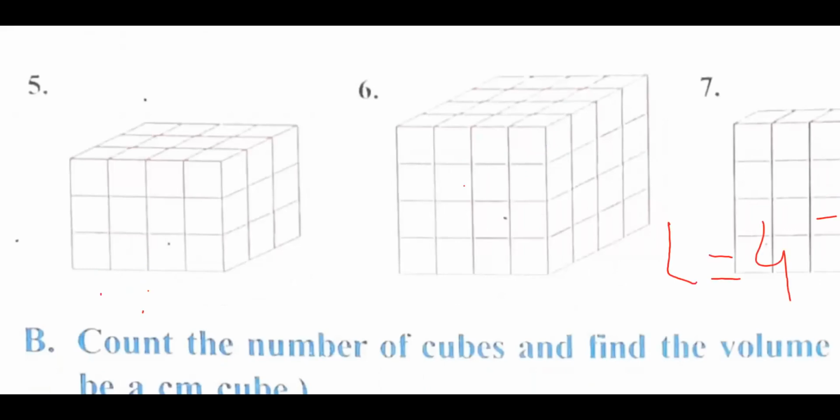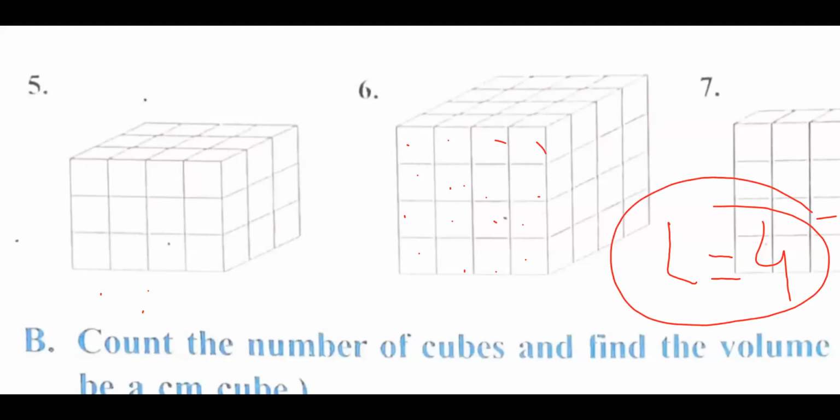Tell me how you are counting. We have to count 1, 2, 3, 4, 5, 6, 7, 8, 9, 10, 11, 12, 13, 14, 15, 16. Ma'am, 16. So in one layer, there are 16 cubes. So how many cubes in 4 layers?